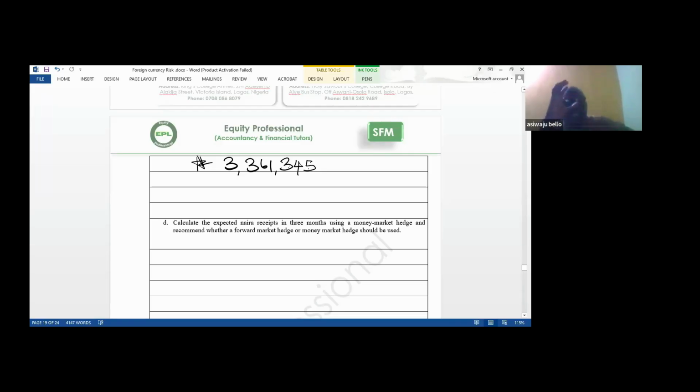For money market hedging, the company hedges by borrowing or lending on a short-term basis so as to fix the exchange rates for future transactions.